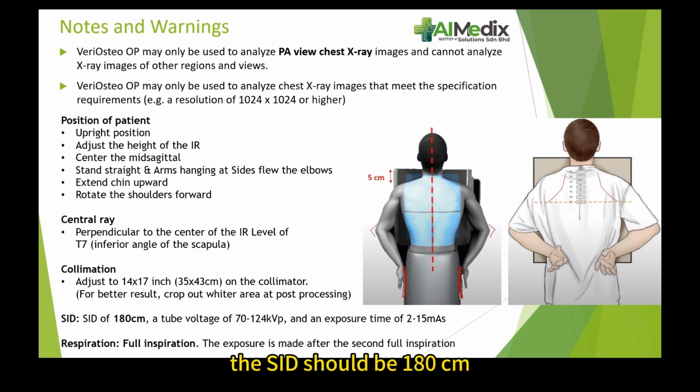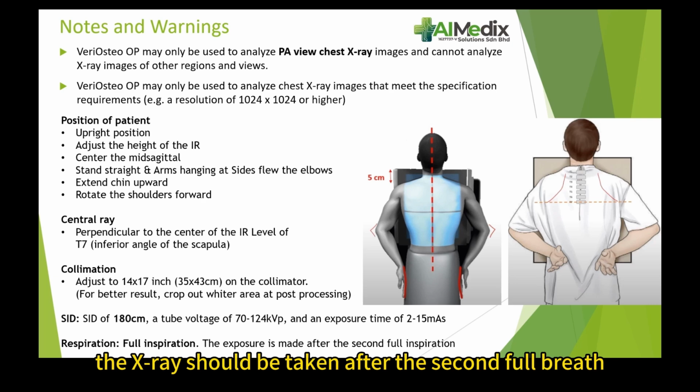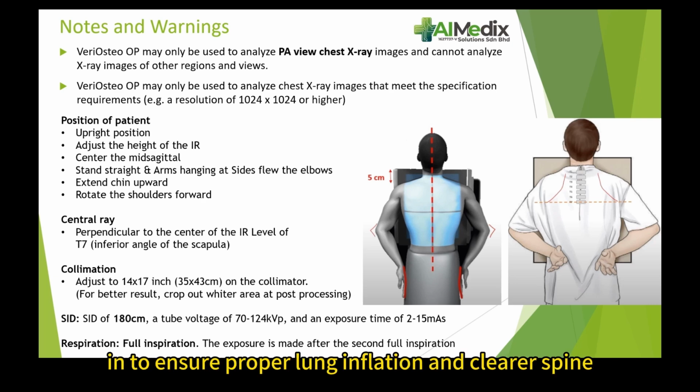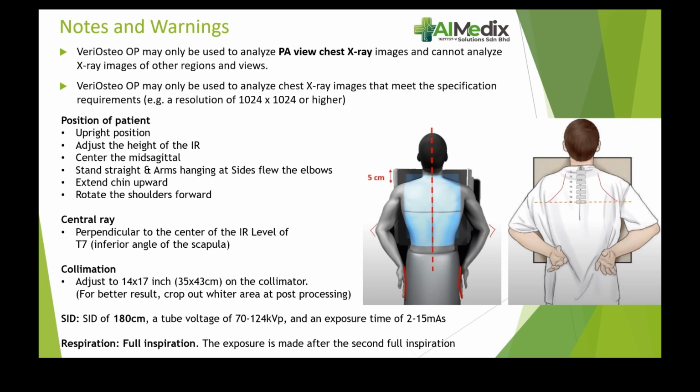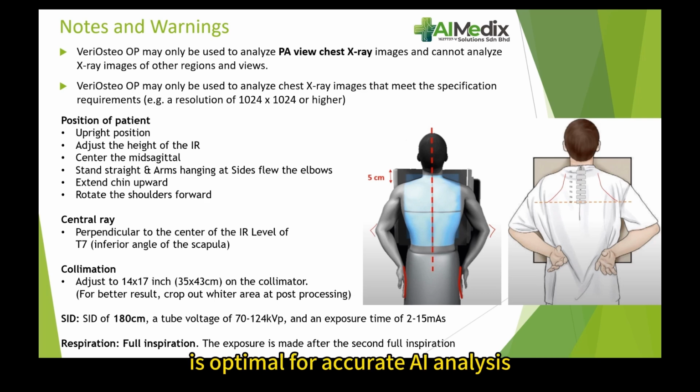The SID should be 180 cm with a tube voltage of 70 to 124 kVp and an exposure time between 2 to 15 mAs. Finally, make sure the patient performs full inspiration. The X-ray should be taken after the second full breath in to ensure proper lung inflation and clearer spine visibility. Following this step will help ensure the image quality is optimal for accurate AI analysis.